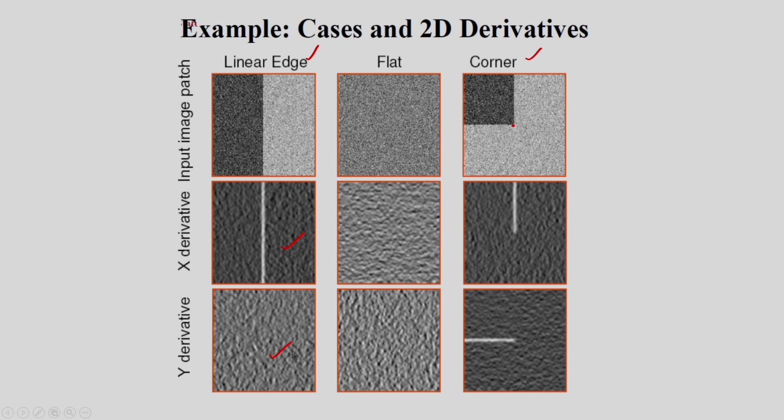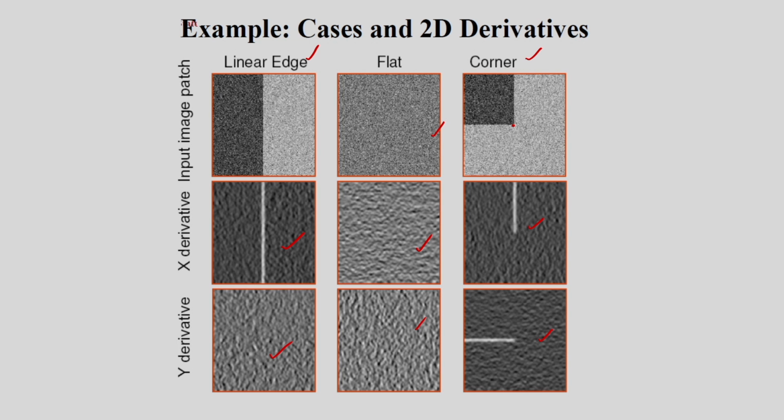For the flat region I can also determine the x derivative and the y derivative like this. And corresponding to the corner points, the first one is the x derivative and the second one is the y derivative.